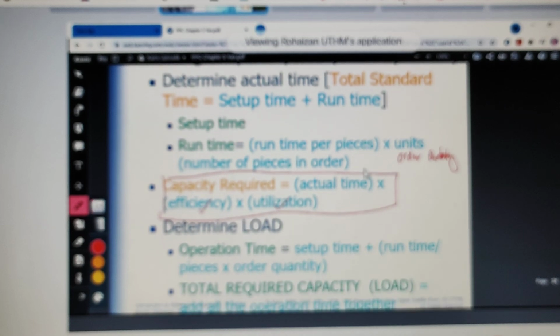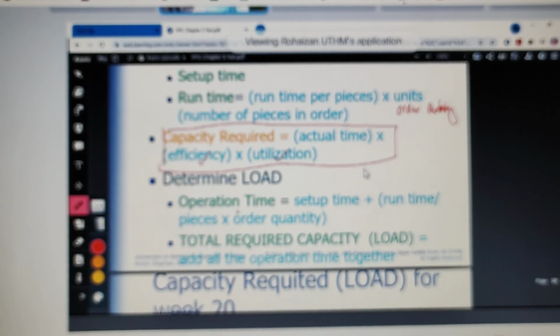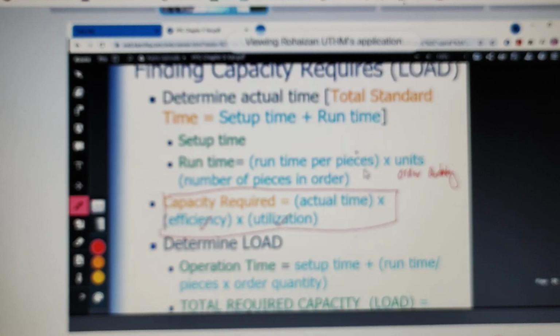Next, we need to determine the load. After we know this actual time, the standard time, the load is actually the actual time or operation time.